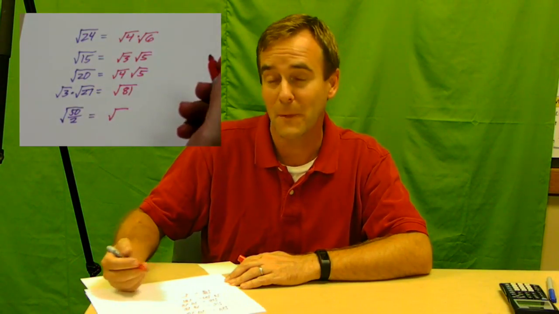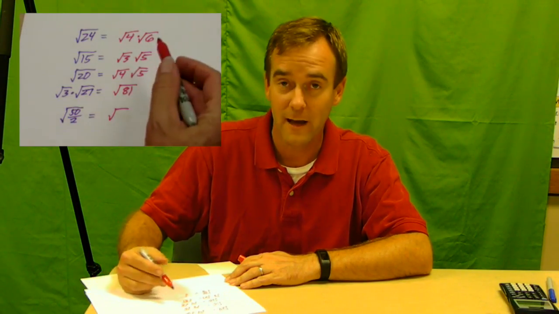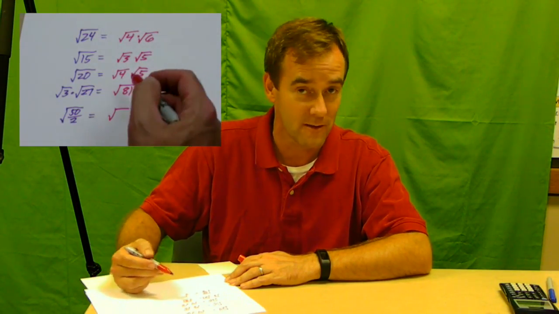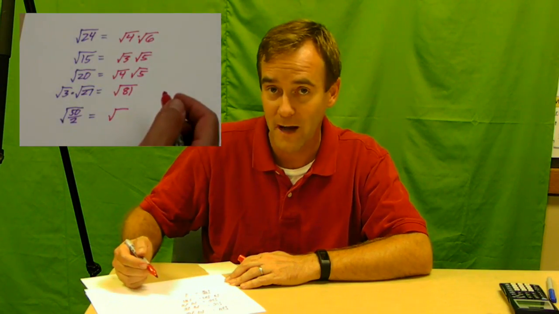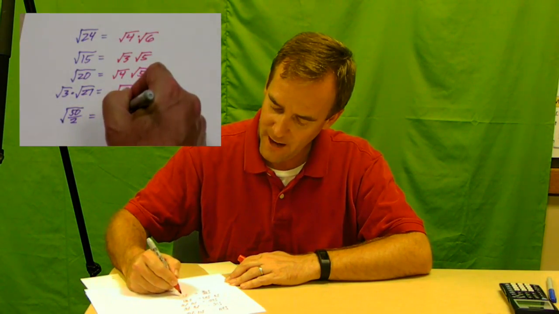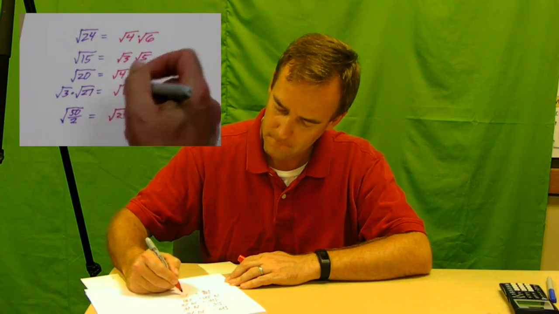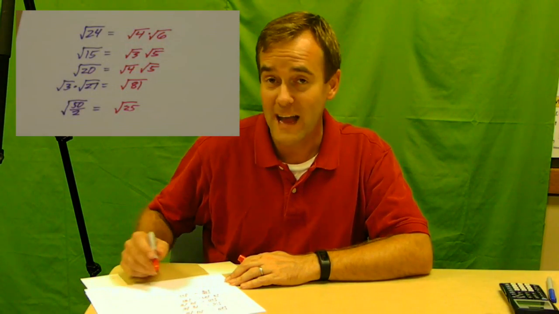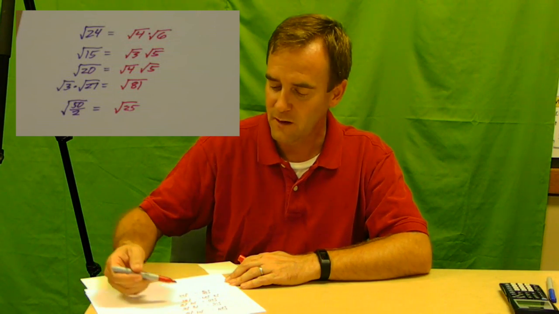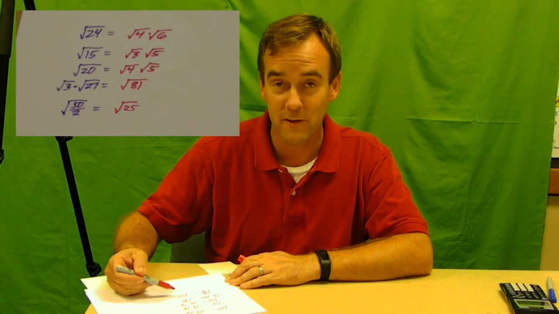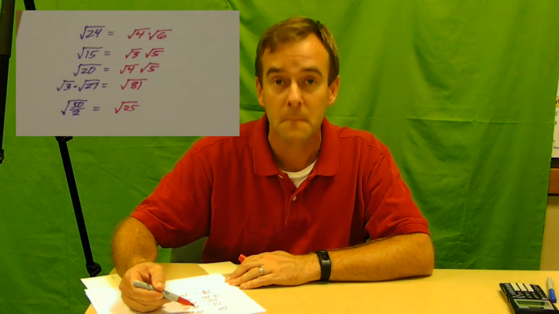Now you can split up anything under the radical as long as the resulting pieces stay underneath their own radicals. You can also multiply back together, and it even works for dividing. And once you've changed that radical by splitting it up, by multiplying it up, by dividing it, if you can find something that square roots nicely, go for it.